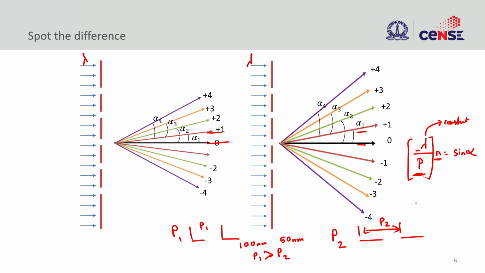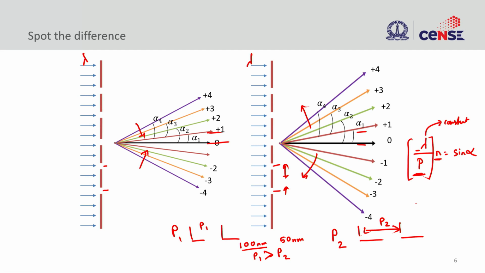So if you have a larger pitch, or slits that are widely spaced, then the diffraction orders are going to be very densely spaced. And if the spacing is narrower, then the diffraction orders are going to move away.